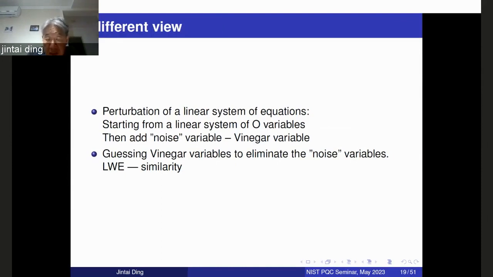We can start from a linear system of oil variables, and then we add those quadratic noises through the vinegar variables, and then we try to hide them using the linear transformation T. When you sign, you're guessing the vinegar variables, which means you eliminate those noises and they go back to a linear system. In spirit, this is very much like LWE in some sense. Okay, so that's the basic idea. I think this is very simple and everybody can understand it fairly easily.